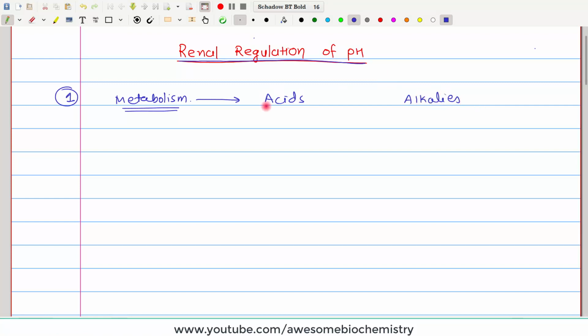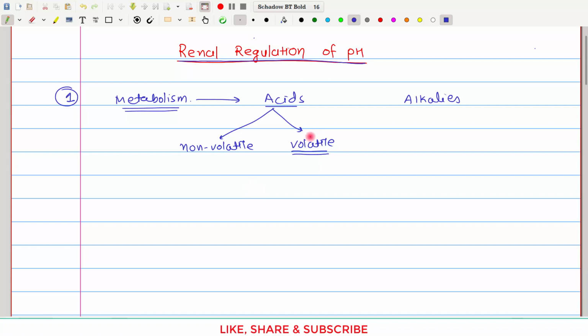Now acids are of two types. It can be non-volatile or it can be volatile. In our body, there is only one volatile acid generated, that is carbonic acid. When it is generated, it is very well handled by our respiratory system. So this will not create any new problem. That is already being solved by the respiratory system.